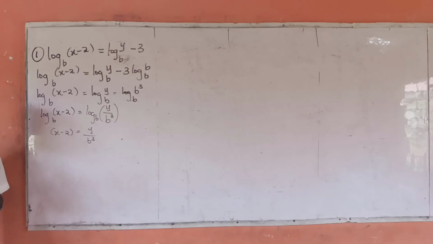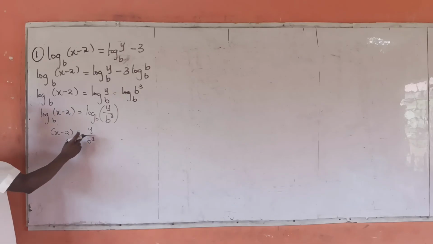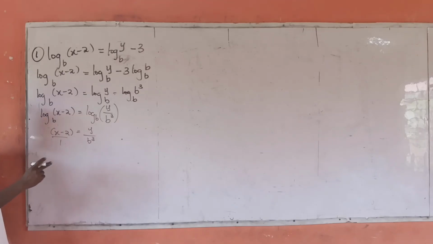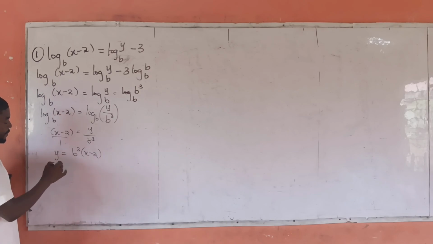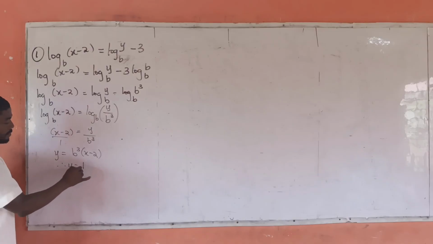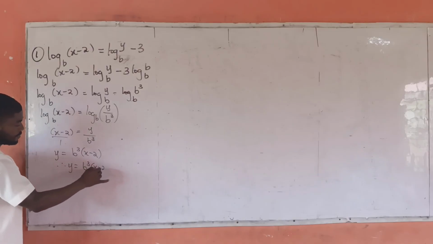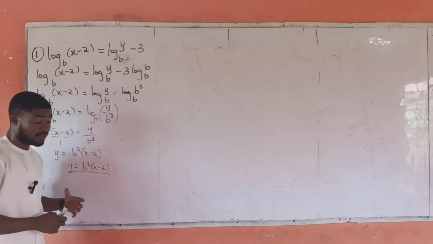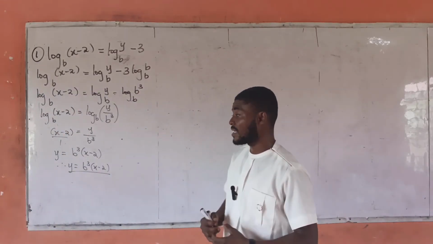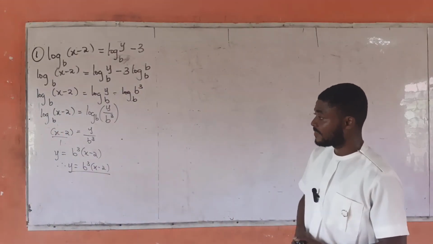And then we were asked to find y in terms of b and x. So we've been asked to find y. This is going to be cross multiplication from here. So y is now going to be y is equal to b to the power 3, open bracket, x minus 2.